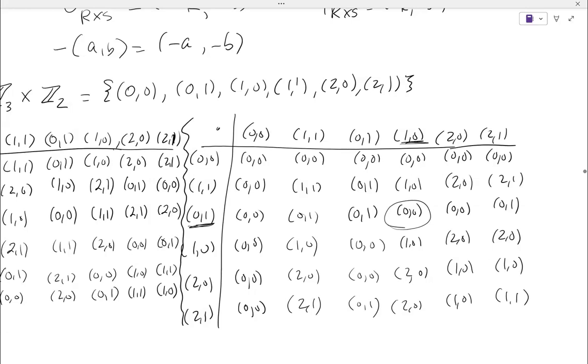What elements have multiplicative inverses? I'll give you a hint, there's 2.